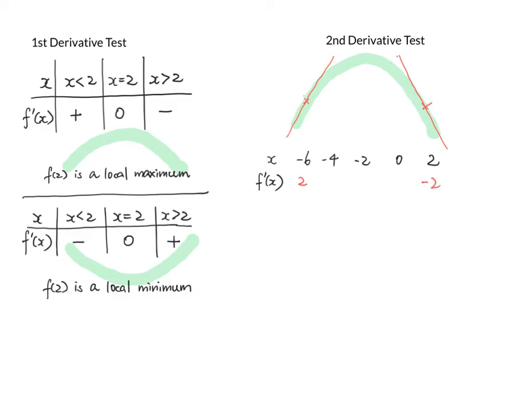Now when you get to x equals -4, it's still increasing, but the slope is smaller, right? So this would be 0.5, and here, because it's all symmetric, this would be -0.5, and of course when x equals -2, the slope will be 0, right?